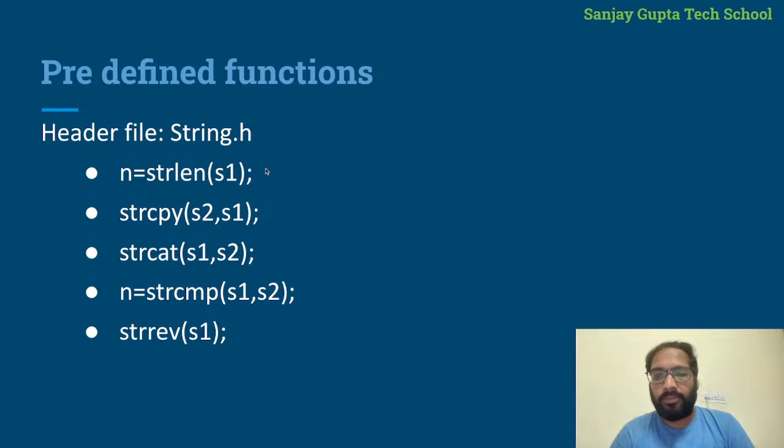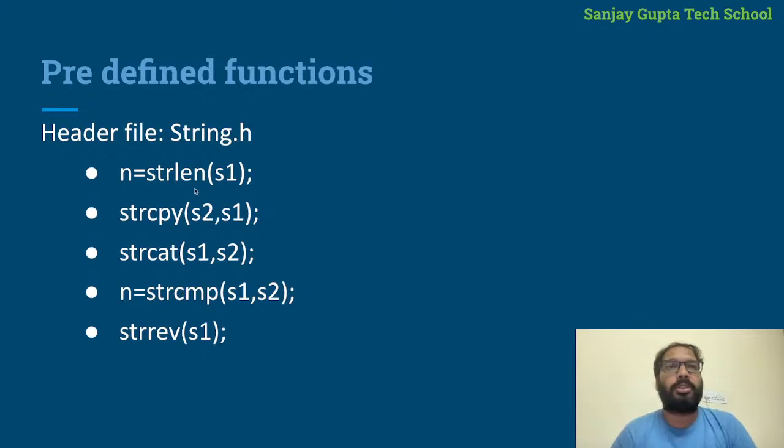So you just need to include the header file and then you will be able to use that particular function, right? With the help of predefined functions, you will be able to solve a requirement. Here you can see we have a variety of functions available: strlen, strcpy, strcat, strcmp, strrev.